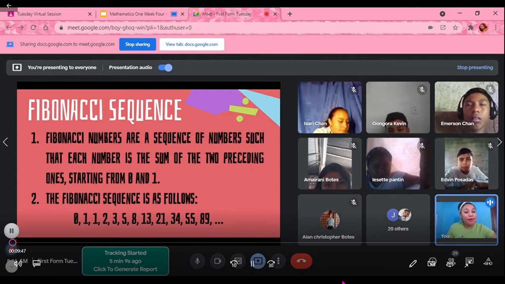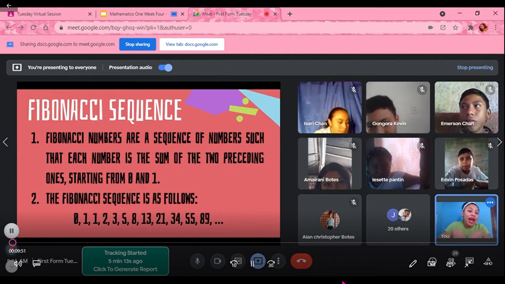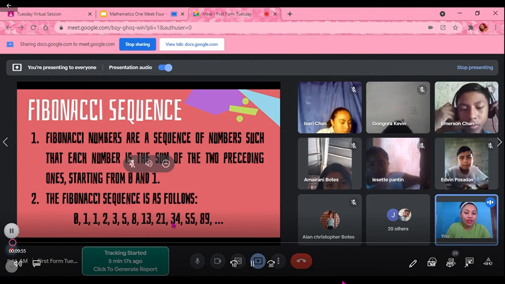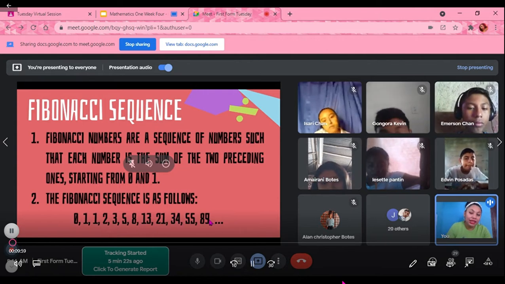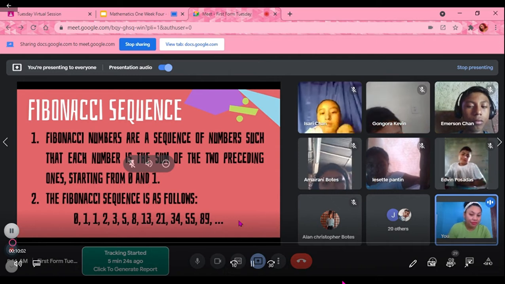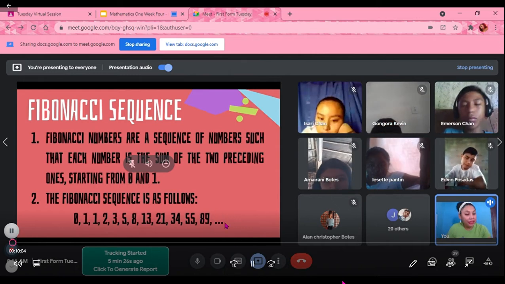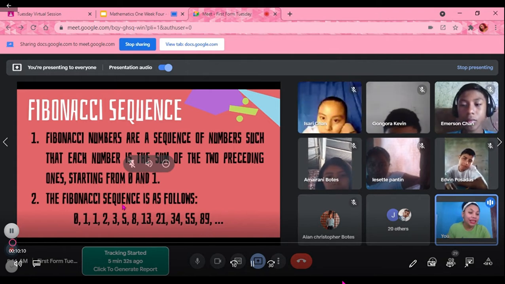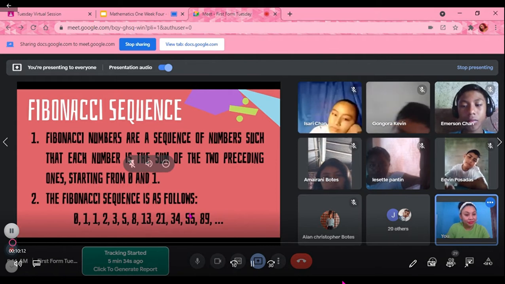So for every number that comes after this, I have to add the two numbers that are before it. So if I wanted to get the 34, I was going to add the 13 and the 21. If I want to get the 89, I'm going to add the 34 and the 55. If I want to get the number after the 89, I add the 55 and the 89, and that is going to give me the next number. All right? Everybody understands the Fibonacci sequence?